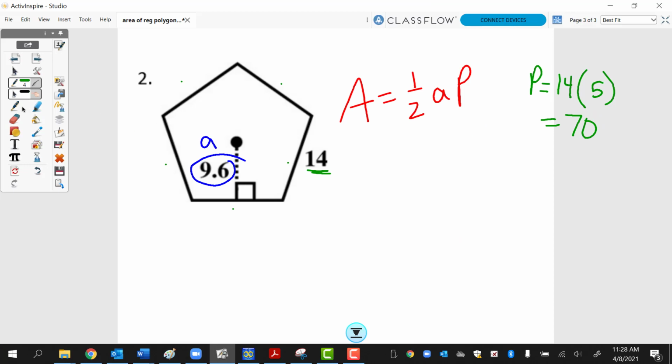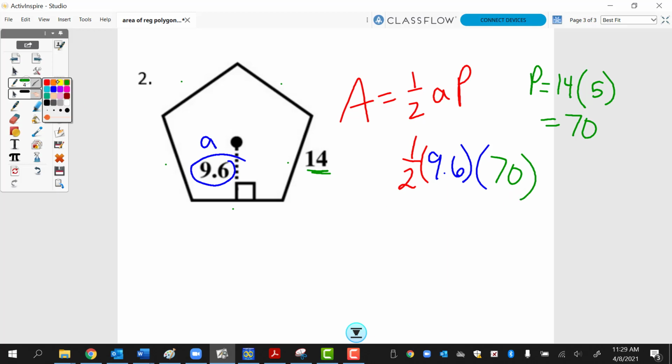And now we're ready to plug it in. So we know we're not plugging in for 1/2, that's just 1/2, times our apothem, which is 9.6, times our perimeter, which we just figured out was 70. And then we're going to type this all in.